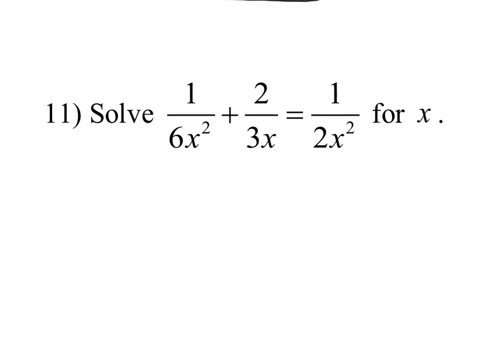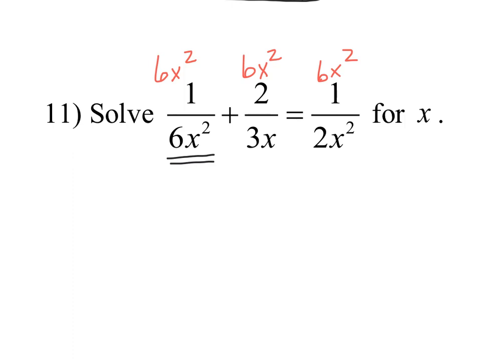All right, last problem, yay. Okay, and this one I'm looking for the greatest common multiple. And it looks like it's going to be this 6x squared. And so I'm going to multiply all the numerators by 6x squared. And now I'm going to reduce.